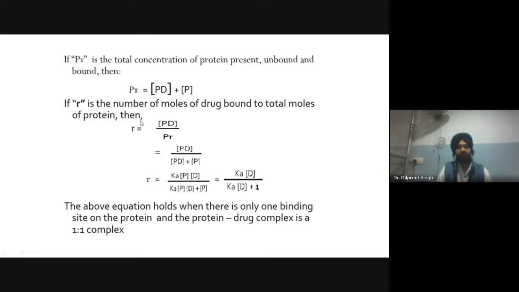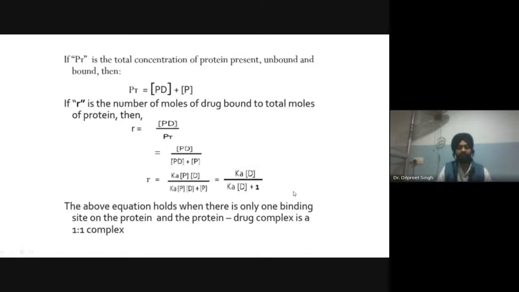So we can rearrange the equation, that is r is equal to PD divided by PT. We can substitute the value of PT, that is PD plus P, with PD in the numerator. So r is equal to Ka multiplied by P and D in the numerator, and in the denominator, Ka PD plus P. So we can take Ka common, that is Ka D plus 1.